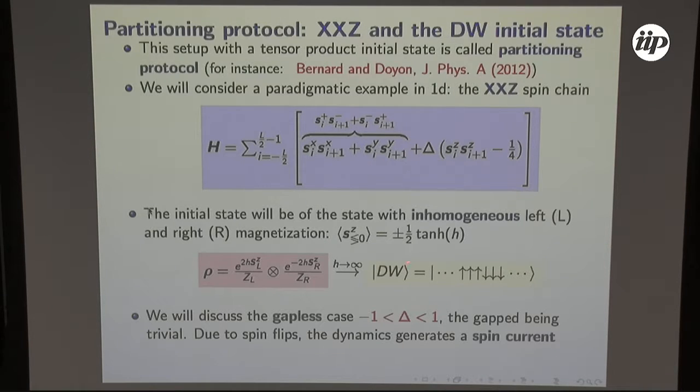The reason why this problem is interesting is to analyze the spin transport in the XXZ spin chain. It is actually a very old problem, you will see. It was known since long that in the gapless phase, so the model is gapless if delta, which is this parameter, is in modulus less than 1, the spin transport is ballistic.